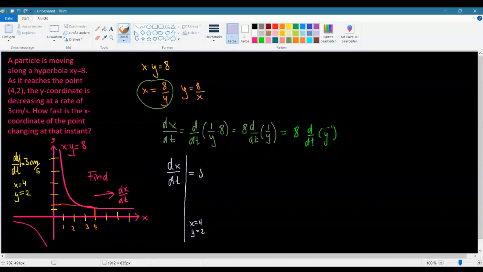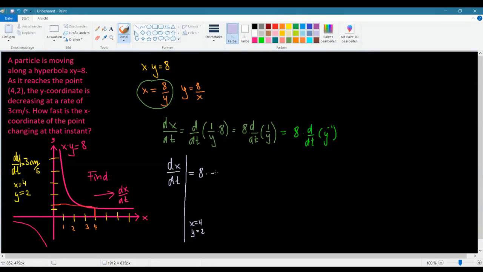So that's 8 times the change in y over the change in time times, well, I probably shouldn't write that first. That'll be confusing for people who don't have a great grasp of the chain rule. So the outer function is y to the negative 1, which means we're taking that down, right?